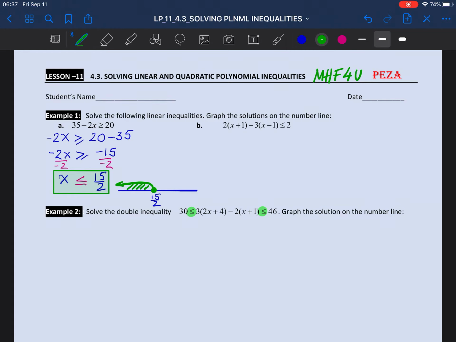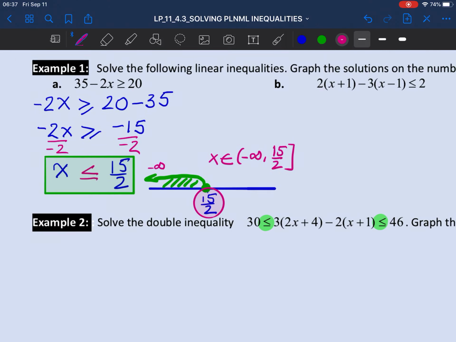So in other words, we're going to say that any x value from the interval negative infinity to 15 over 2, with 15 over 2 included in the set, or in the interval, will be a solution to this inequality.